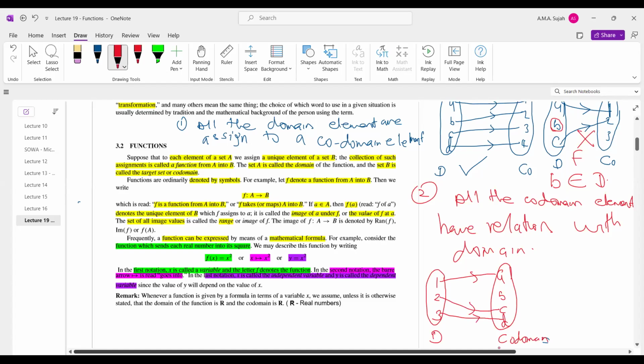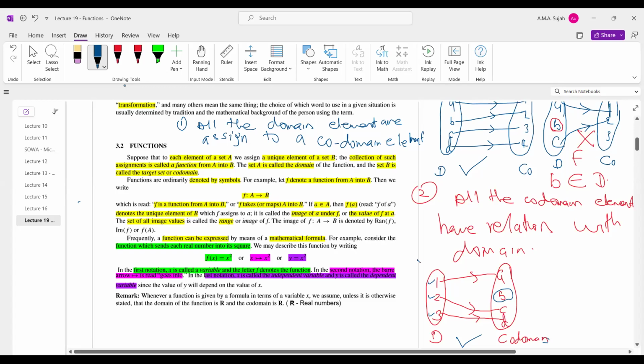The codomain element B is not assigned with any domain element, but this is a function. To find out if it is a function, you need to check whether all the elements in the domain are assigned with the codomain. 1 is assigned with A, 2 is assigned with C, 3 is assigned with D. All the elements are assigned with the codomain, so the first condition is checked.